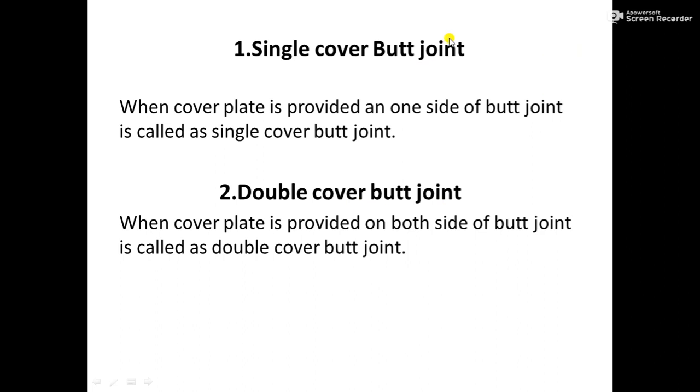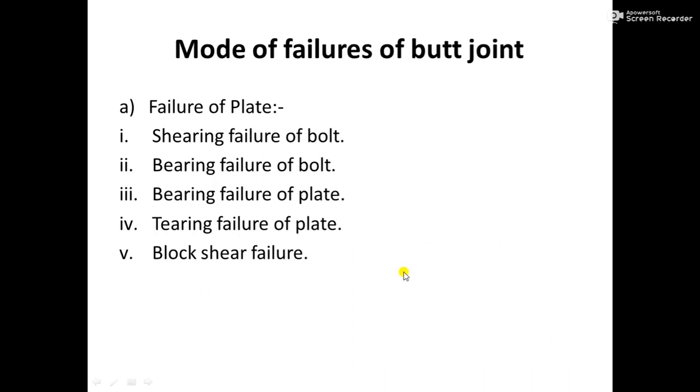Now, as I explained, when the cover plate is provided on one side of the butt joint it is called a single cover butt joint, and when the cover plate is provided on both sides of the butt joint it is called a double cover butt joint. Then next, these plates are connected by lap joint, with single or double bolt, or by butt joint, single cover or double cover, and these connections are made to carry certain load in a structure.